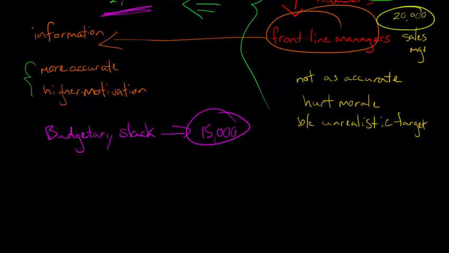But then they say, you know what, it's going to be 15, and they're just hoping to surprise the boss, right? So when they say this 15, that 15,000 goes into the sales budget for, let's say, first quarter sales, Q1 sales.